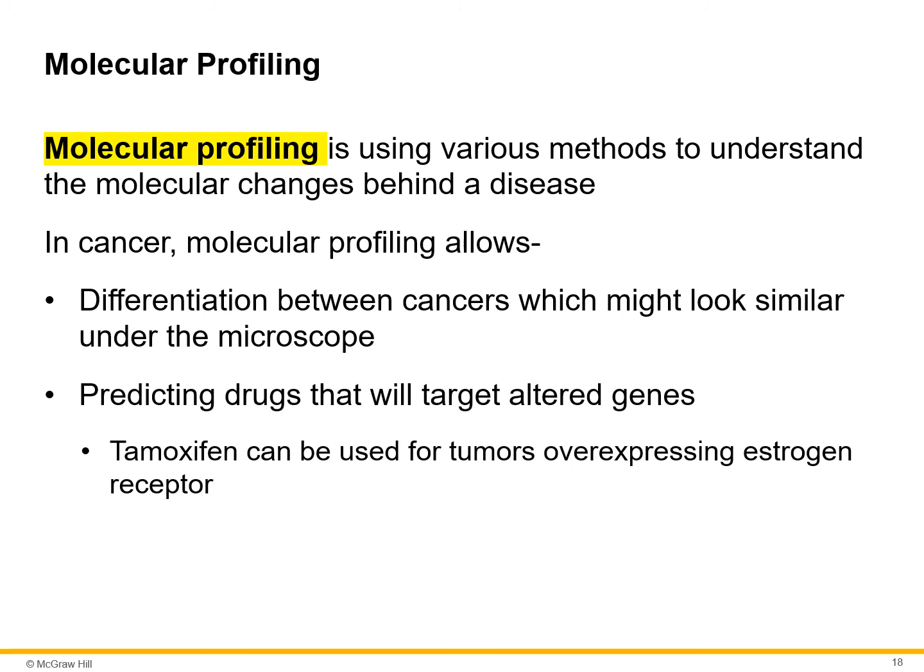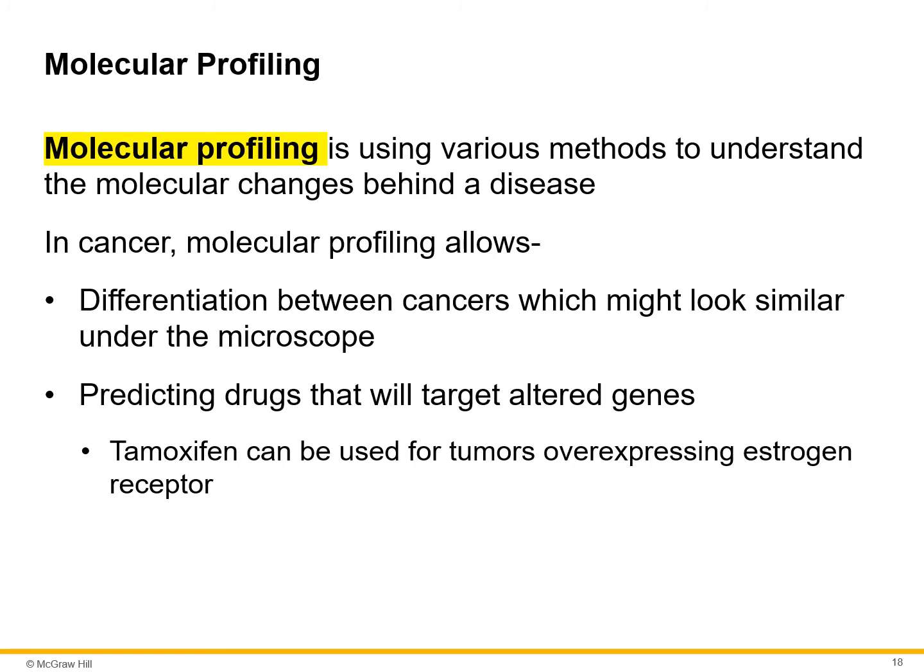And because there are lots of different genetic abnormalities in different tumors, by looking at an individual's tumor, you might be able to target which genes are abnormal, whether it's more tumor suppressor genes or oncogenes, or what's being overexpressed. And that might enable you to personalize the drug regimen for treating a particular tumor that would make it hopefully work better on that individual based on the profile of their tumor.